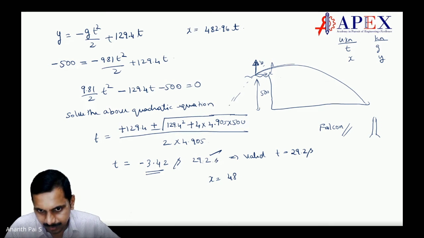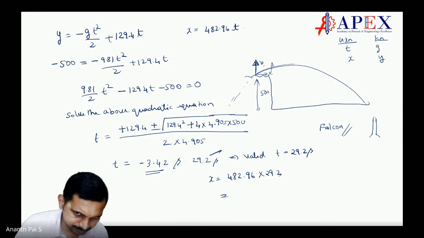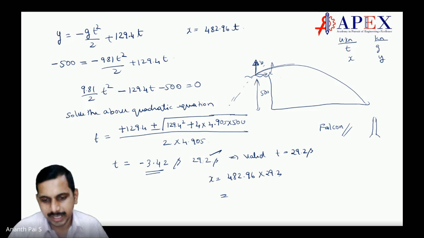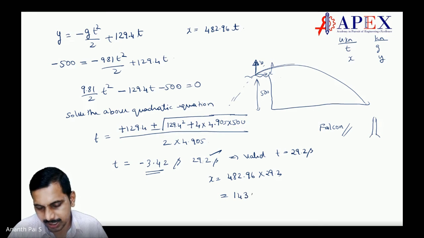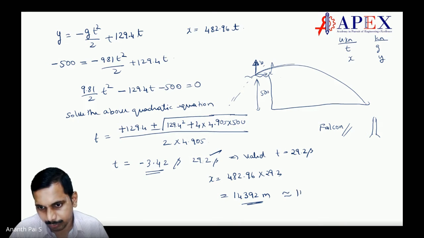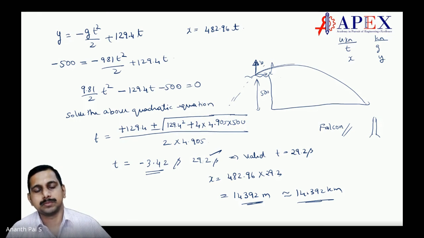So we will have x is equal to 482.96 into 29.2. What is the answer you get? 14,392 meters. So this is 14.392 kilometers far off. It will go and hit. Make sense?